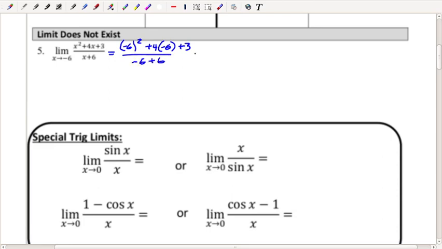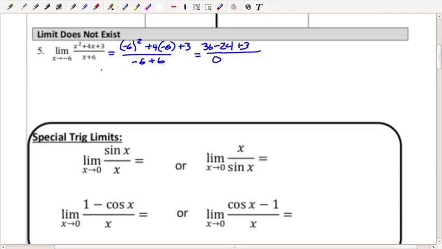Well, on the bottom, it's easy to see that I'm going to end up with 0. But on the top, I've got 36 minus 24 plus 3, and that is not going to be 0. So this is actually not an indeterminate form. I don't have 0 over 0. What I have is a limit that does not exist.